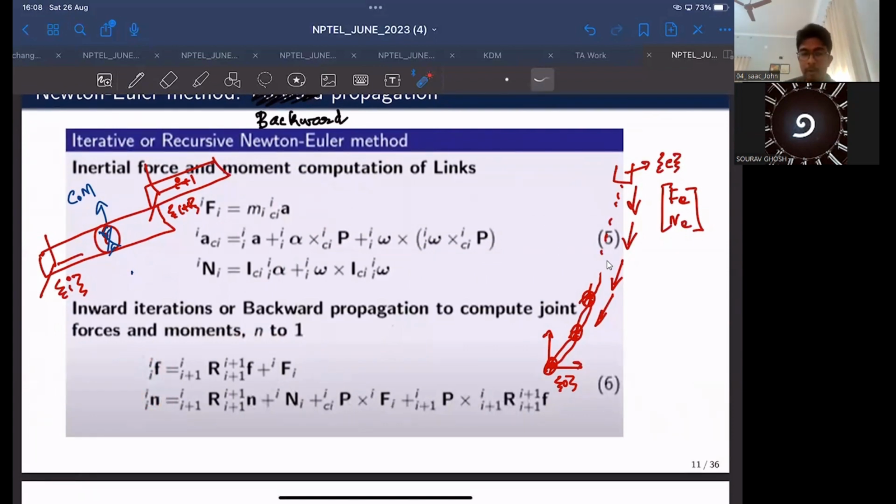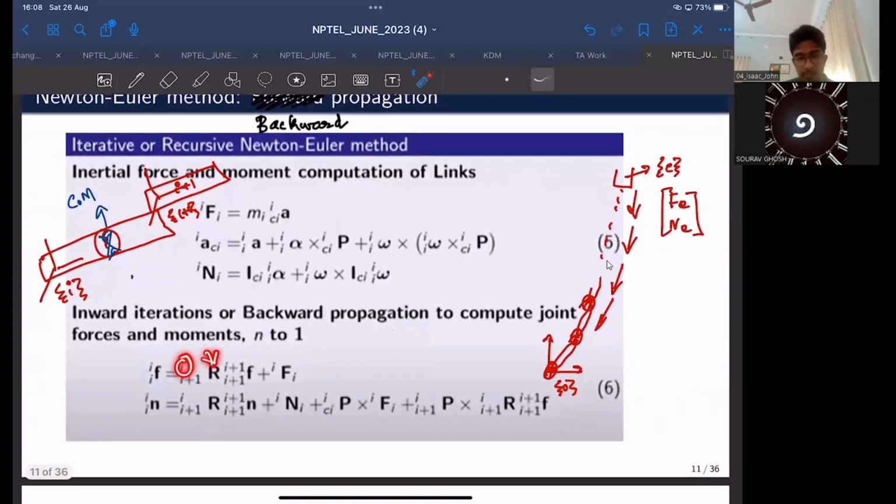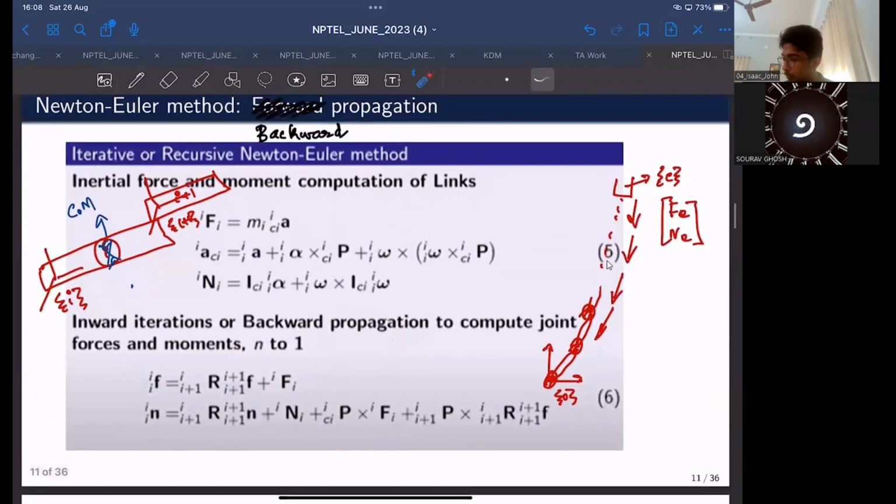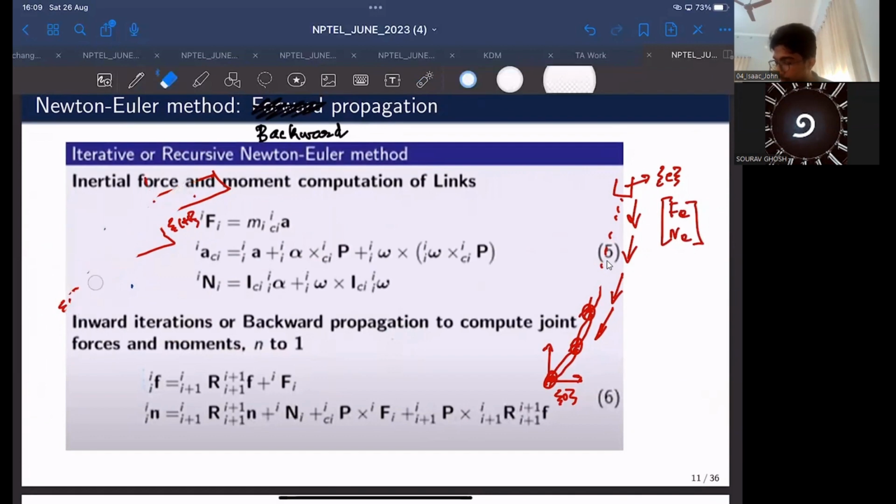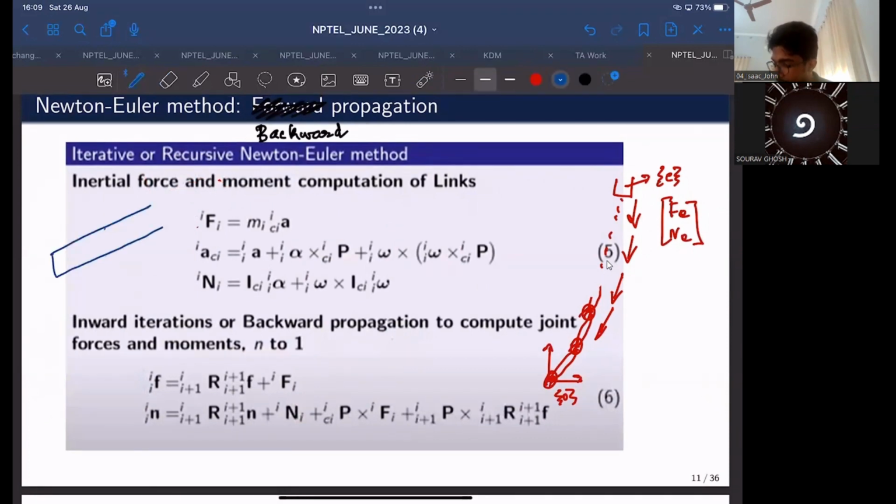So backward propagation basically begins from the I+1 frame, and since this is expressed with respect to the I+1 frame, we have to bring it back to the ith frame using this rotation matrix, and we also have this inertial component IFI. So if you take the free body diagram of the ith rigid body, this is the ith frame, this is rigid body I, and this is the I+1 frame.